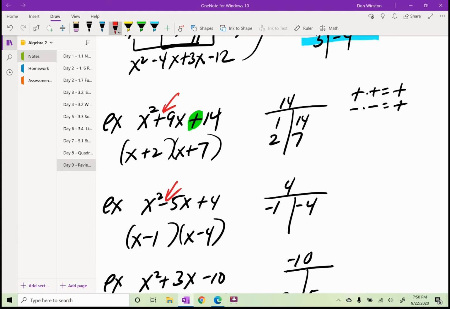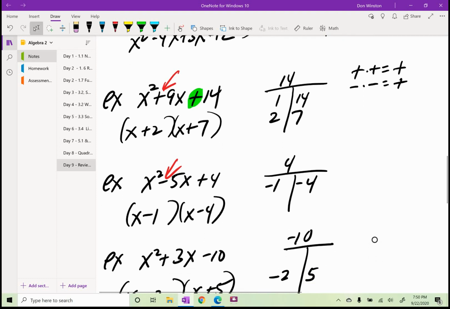So factors of a positive 4 that add up to negative 5 will be negative 4 and negative 1. So those are my two binomials: x minus 1 times x minus 4.